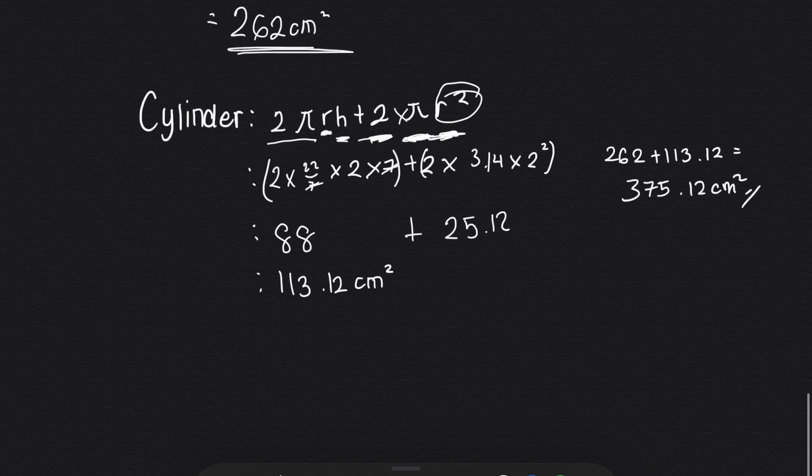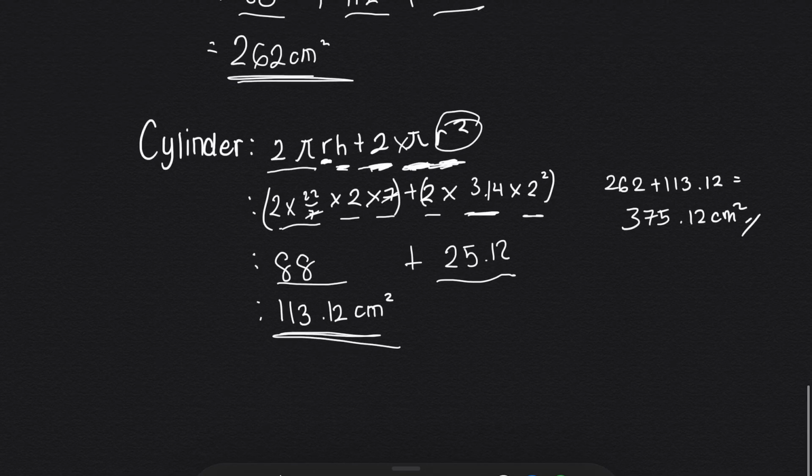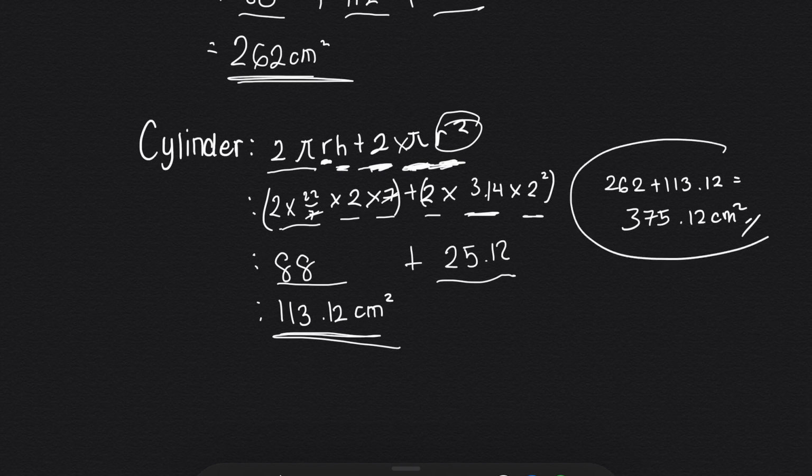So it will give us 2 times 22 over 7 times 2 times 7 plus 2 times 3.14 for the pi times 2 to the power of 2, which is going to be 88 plus 25.12, which gives us the answer 113.12 centimeters squared. If we combine them, we will get 375.12 centimeters squared.